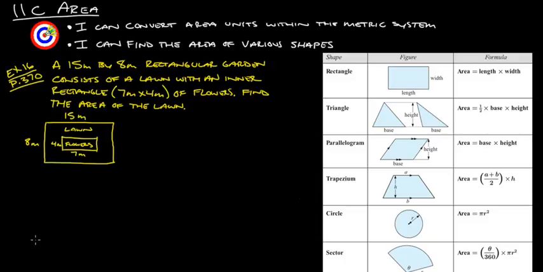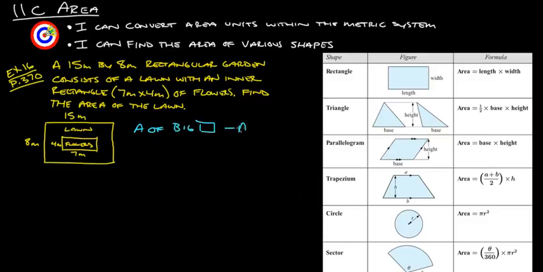So this is from page 370. This is example 16. So a 15 by 8 meter rectangular garden consists of lawn within the inner rectangle. So there's the lawn. Oh, sorry, with an inner rectangle of flowers on the inside. So find the area of the lawn. So to do that, we just find the area of the big rectangle, right?